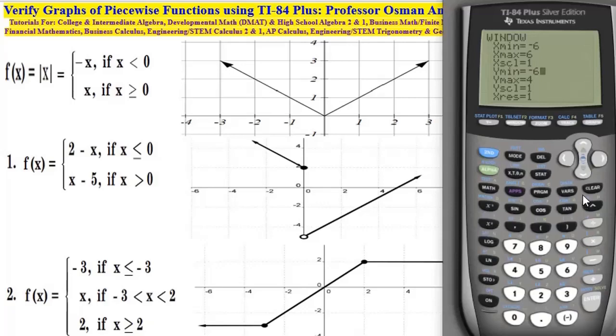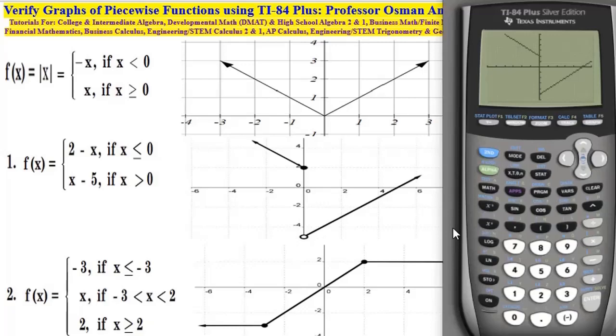Then graph. Here are the functions. Here this hole means there is no equal sign, so that means the 0 is not included in this function. So that's what that hole is.